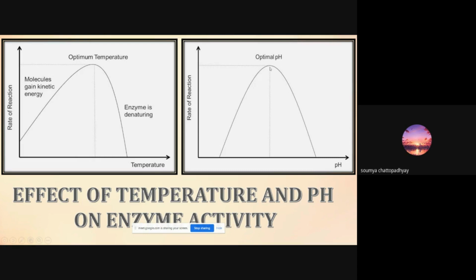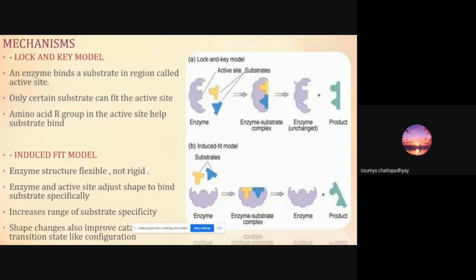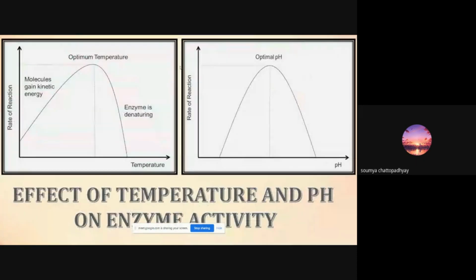Similar is the case with pH: it's going to act the best at the optimal pH. If it's low or less, it's going to decrease its activity. Basically what happens when you increase the temperature by a lot is that the molecules gain kinetic energy so powerful that they break the hydrogen bonds which are present, and that results in denaturation, that the structures get broken. That's why denaturation occurs when you heat it quite a lot.